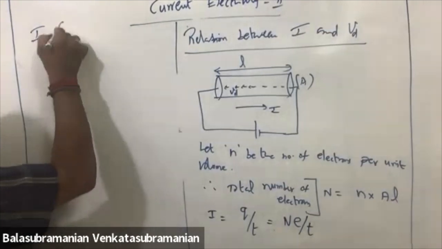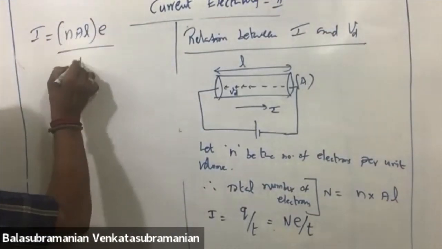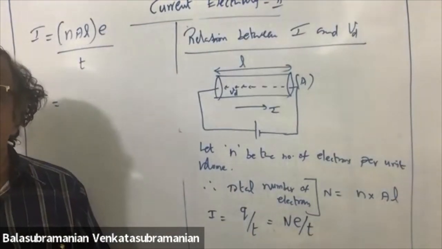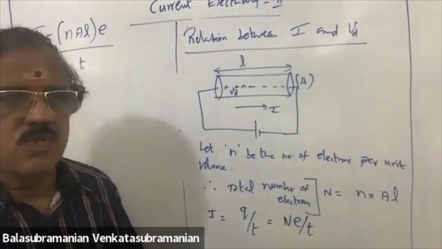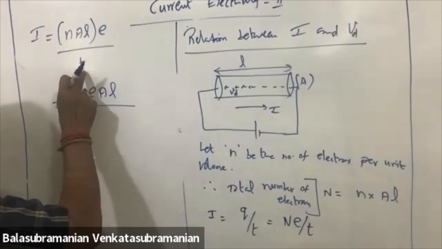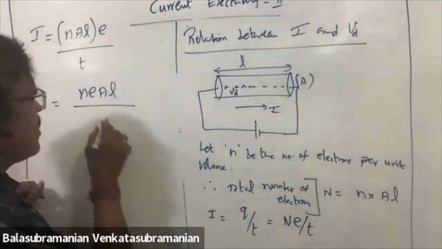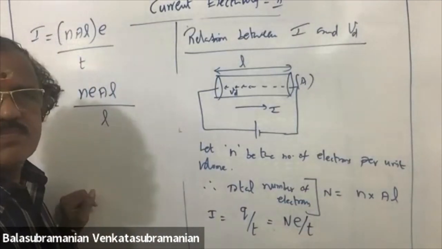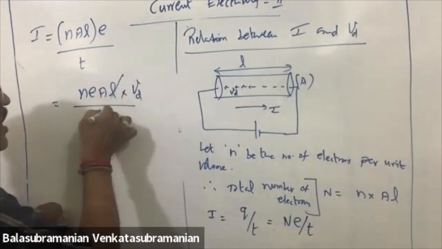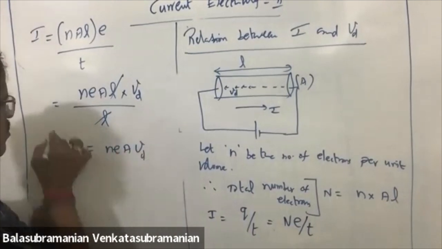What is N? nAL into e by t. Time is nothing but distance by velocity. Distance here is the length of the wire, and velocity we put as vd. So L cancels. I is equal to nAe vd.